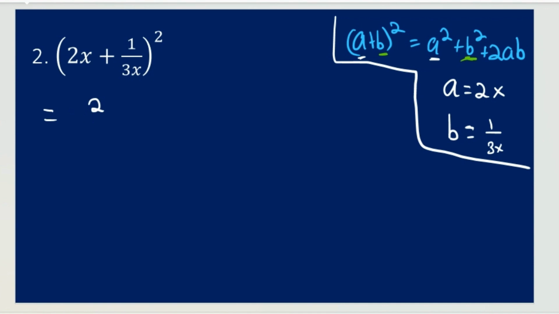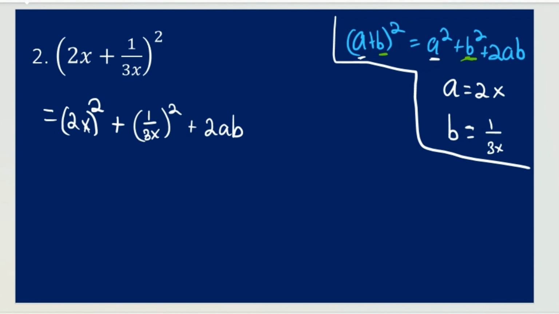So inside we'll go 2x, but then don't forget the parentheses. Same with b squared, except of course the variable is different, so the value is also going to be different. So plus, and then b equals 1 over 3x, so (1/3x) whole square, plus 2ab.